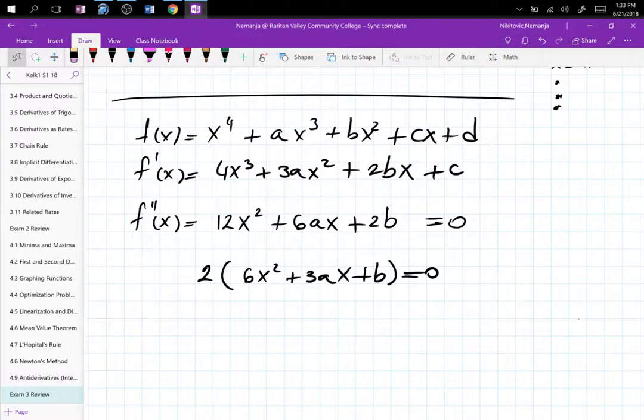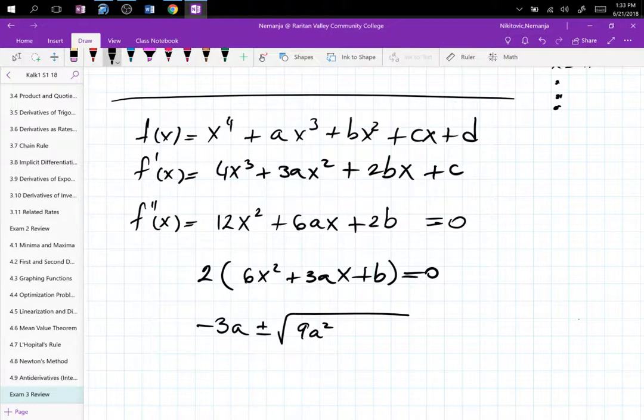Because you need to solve this, and you don't have what a and b are. It's just in general. So what you do is you solve the quadratic. So it's negative b, so negative 3a plus minus square root of b squared, that's 9a squared, minus 4 times 6 times b, divided by 2a, which is 12.